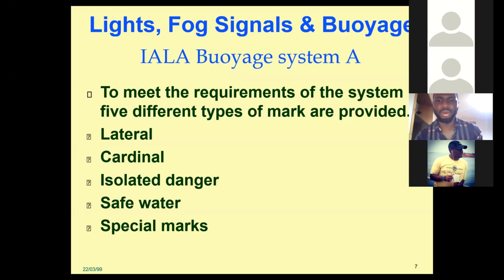Prince, your hand is still up. You want to tell us what safe water mark is? Or anybody can just tell us what do you understand by the safe water marks? Yeah, JJ, go ahead.